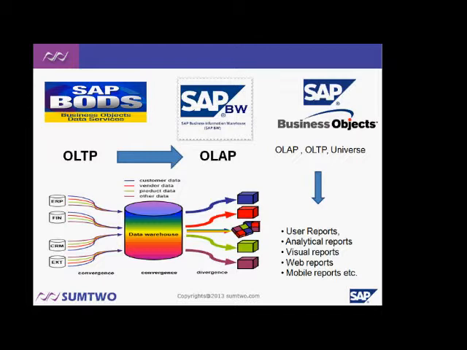Once the data is in OLAP format, then we make use of the BO, Business Objects reporting tools, to consume the data. So it's easier to consume and do the analysis and reporting if the data is in the OLAP format as opposed to the OLTP format.